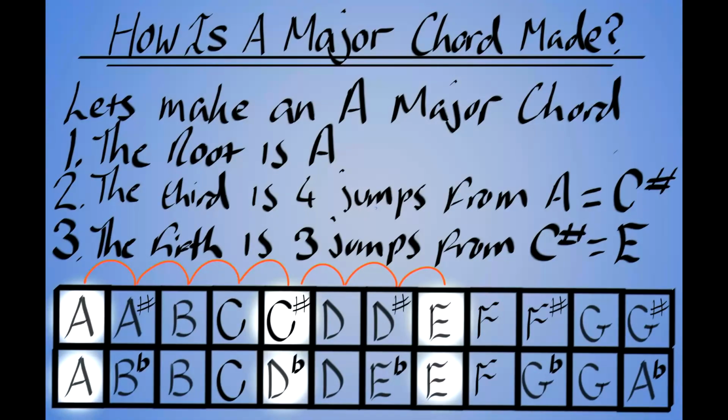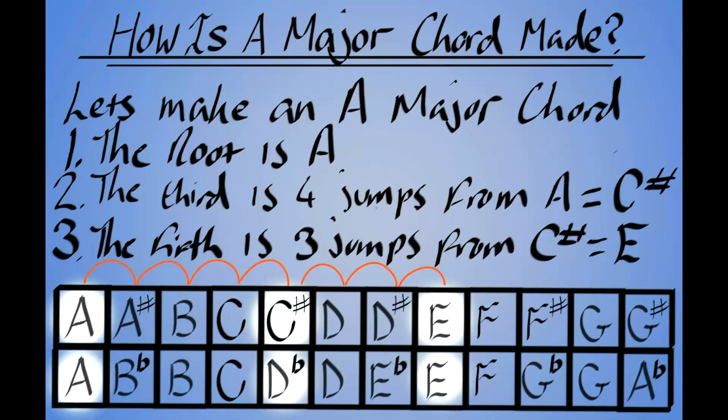Right, for those of you who couldn't be bothered to go and watch the last 2 videos and still don't know how to make a major chord, I'm going to be very kind and show you now. A major or minor chord is made up of 3 different tones: the root, the 3rd, and the 5th, or 1, 3, and 5 if you want to number them.